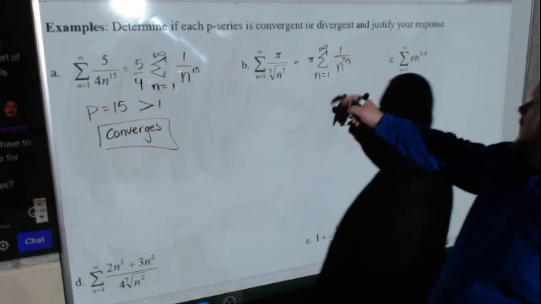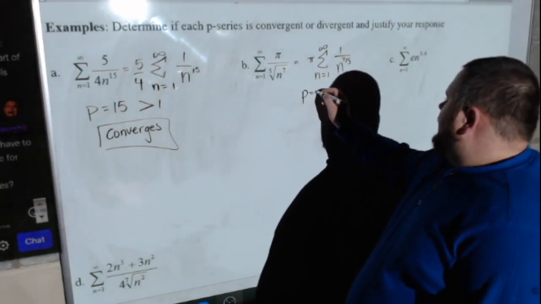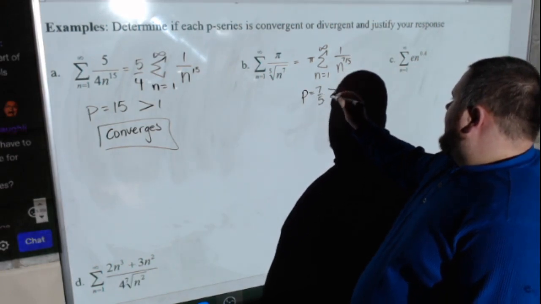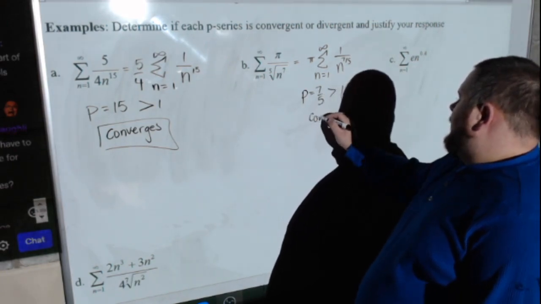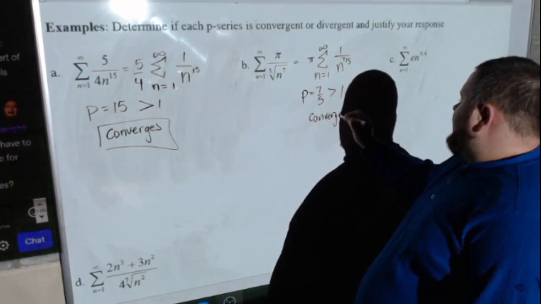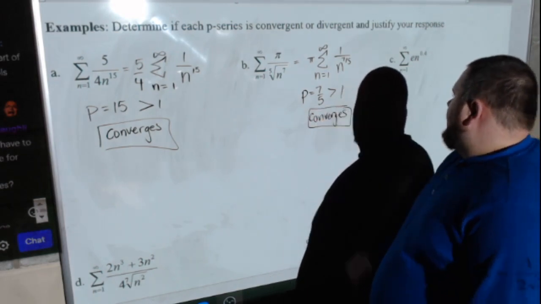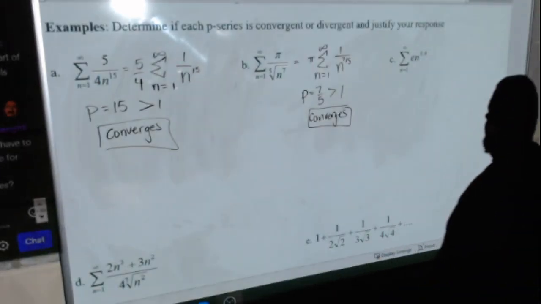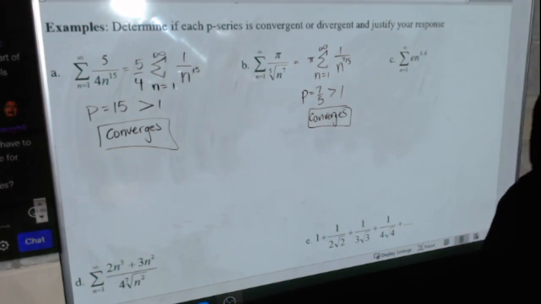So that tells me p equals 7/5. That's also greater than 1. Converges. So those are real simple.